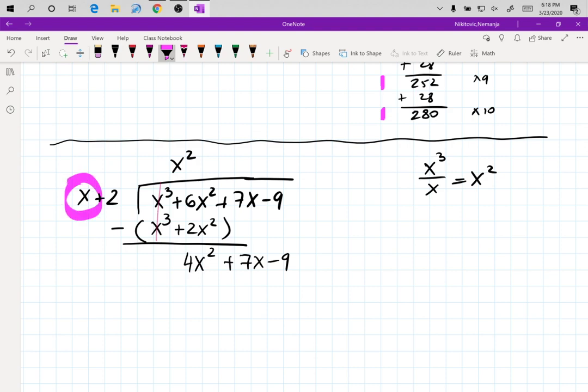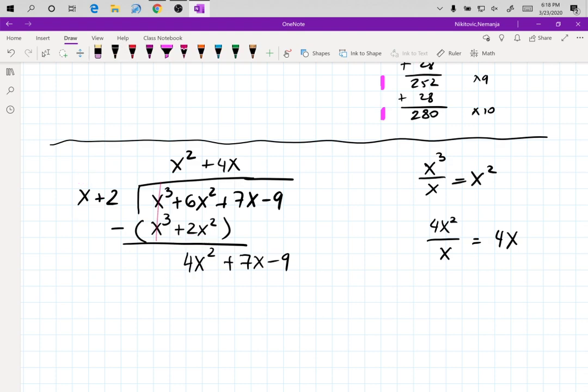How many times does x go into 4x squared? Well, 4x squared divided by x is just 4x, positive 4x. So plus 4x. You have to have a sign in between these two terms.